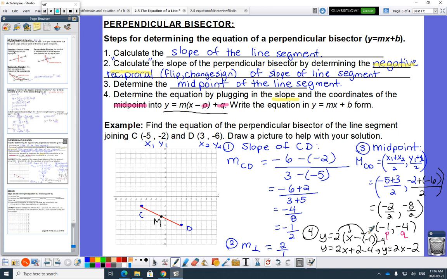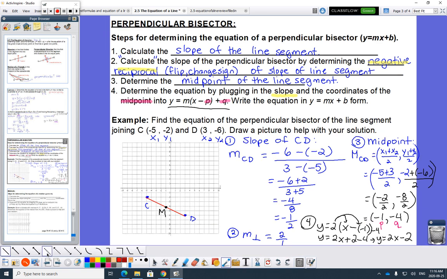Okay? So now we know the y-intercept. So when you go to draw your perpendicular bisector, now you know that it's going to go through here.